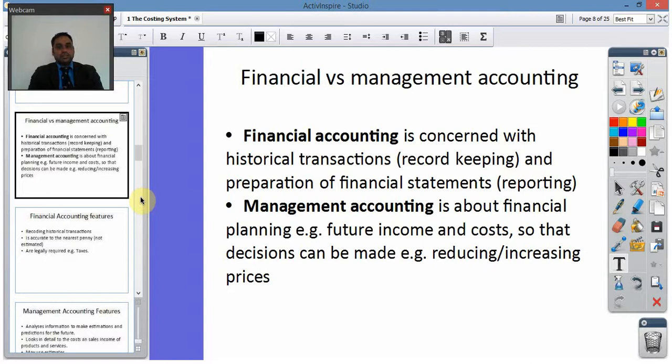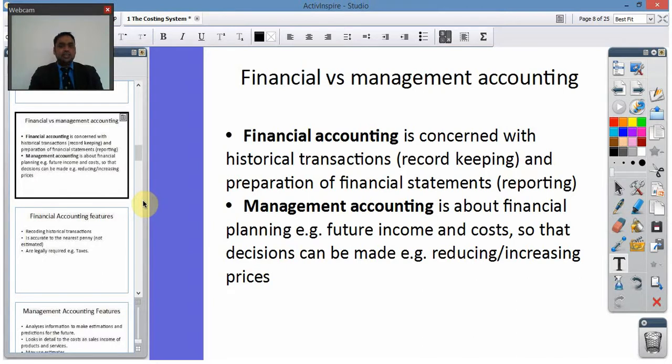Then your accounting system will get the balances of all the transactions that you had and then produce a trial balance, and this trial balance is taken forward to produce financial statements. You haven't seen the production of financial statements yet, but you will see them as we go along.